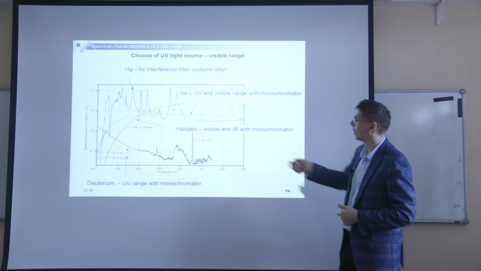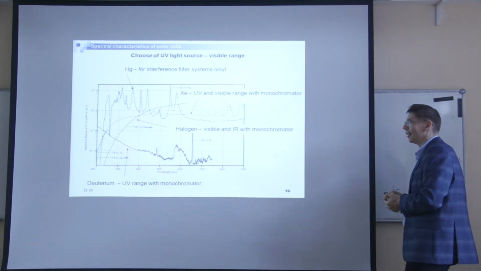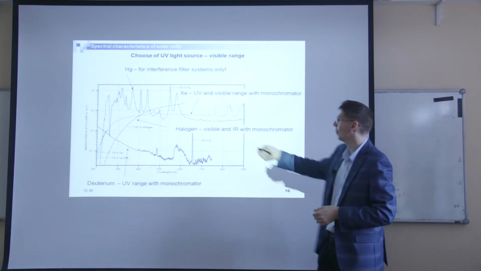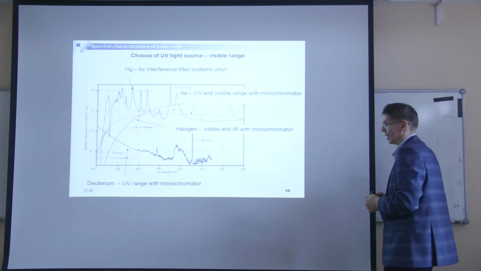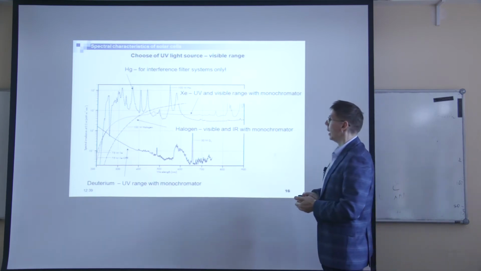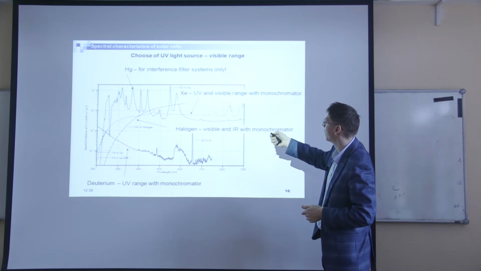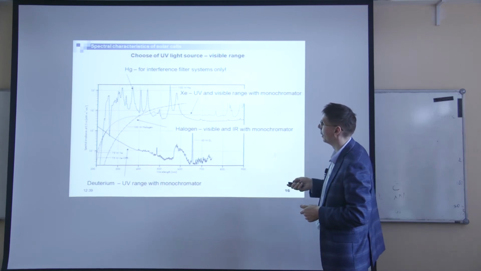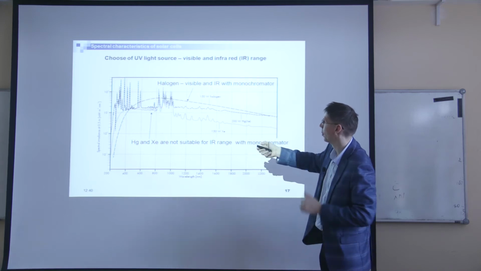And so in case of this spectrum, it's really impossible to get acceptable measurements. So actually, it's why we cannot use a xenon lamp in the infrared part of the spectrum.